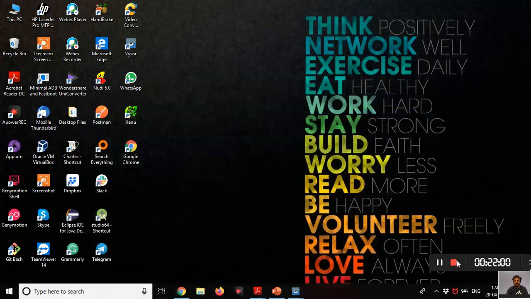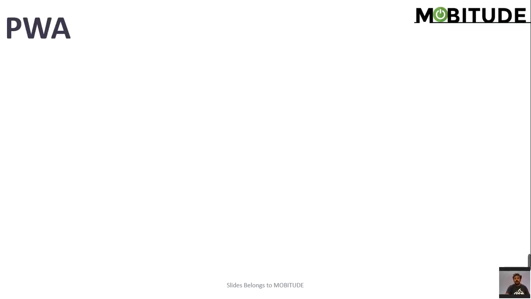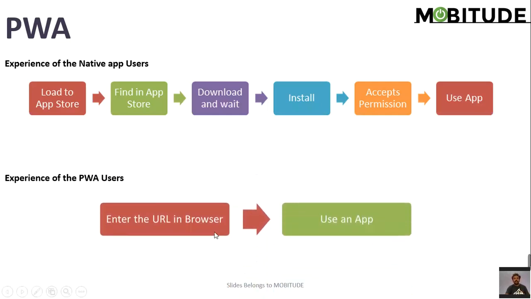So you enter the URL in the browser and use it as a mobile app. The term progressive web apps was coined by the designer Frances Berriman and the Google Chrome engineer Alex Russell.